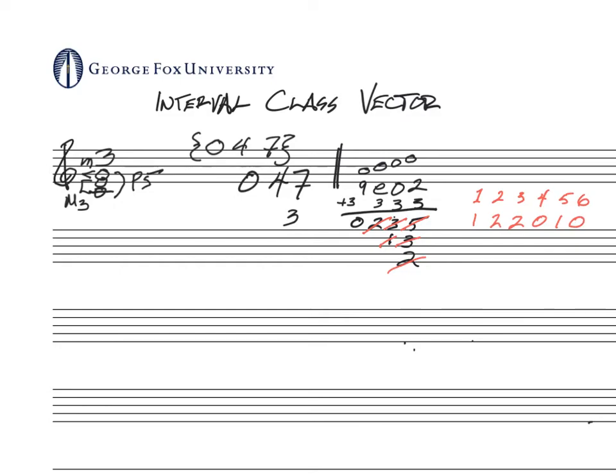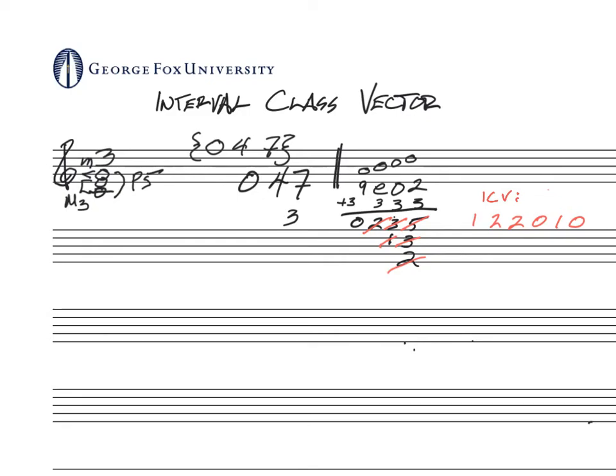0. So when we read an interval class vector, we assume that we remember that those numbers are there. This then is the interval class vector for this pitch class set. One of interval class 1, 2 each of interval classes 2 and 3.